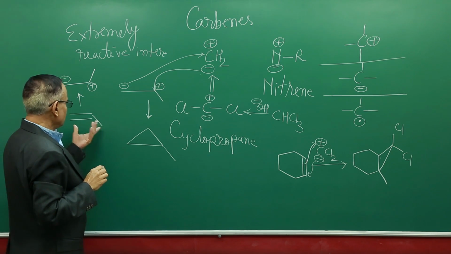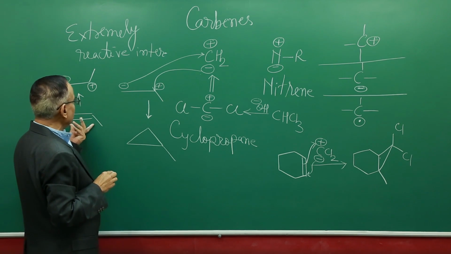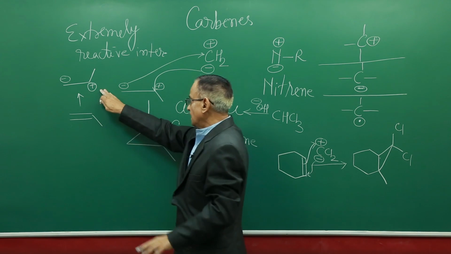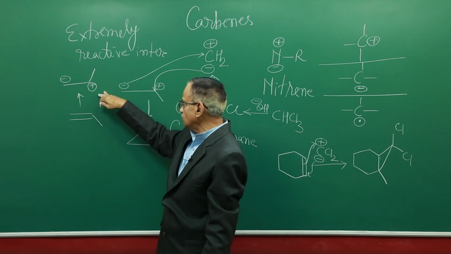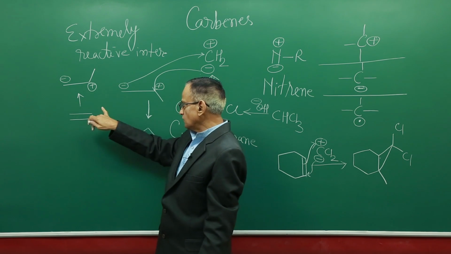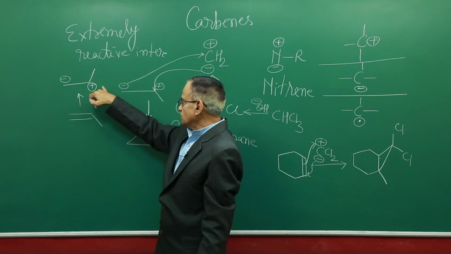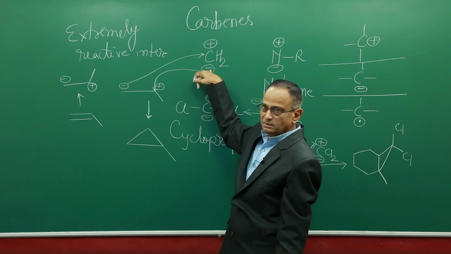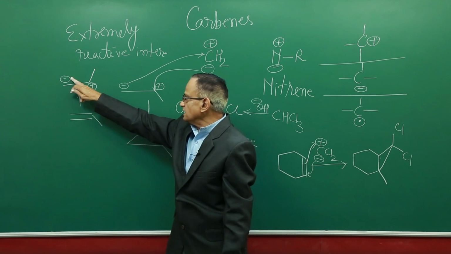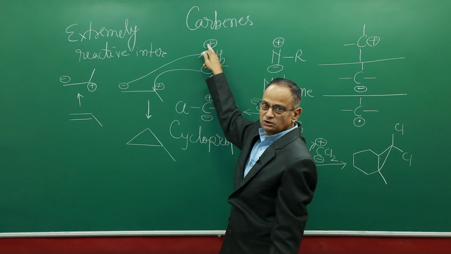So therefore, there is a ready reaction between an alkene which has this positive charge, this negative. This is the more stable of the two resonance structures. So therefore, only this is shown. So this positive charge will react with the negative charge from the carbene. Consequently, the negative charge will react with the positive charge.